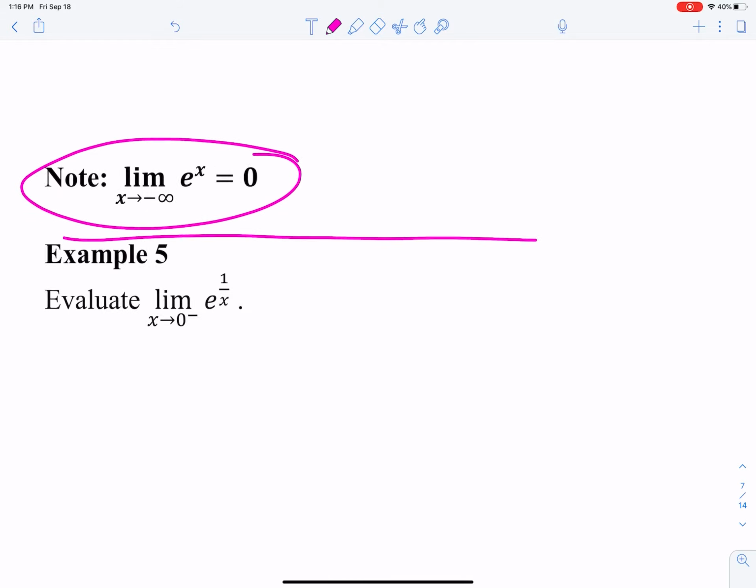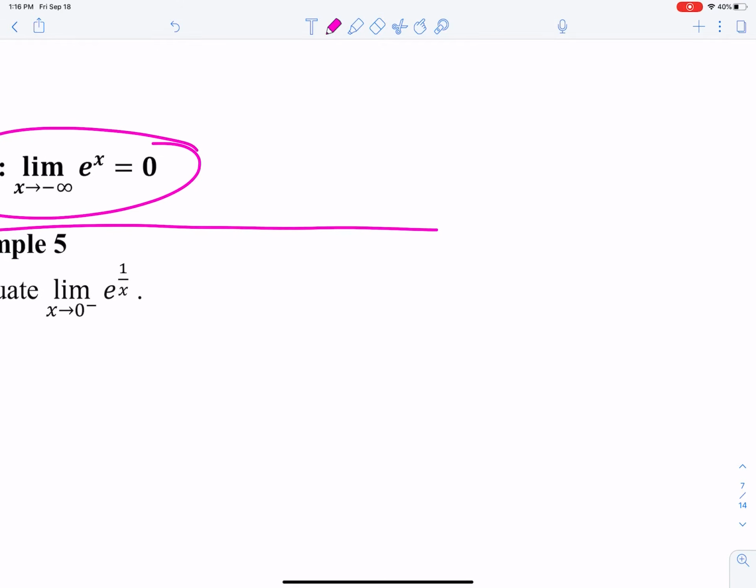We're going to talk about why this little statement is true. So we're taking x to approach negative infinity. In other words, x is a negative number. So we've got e to some negative value, which means 1 over e to that x value.